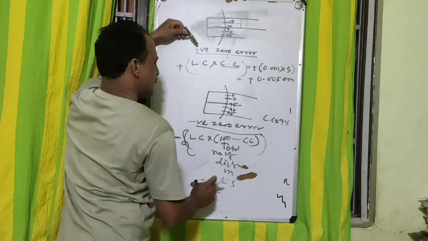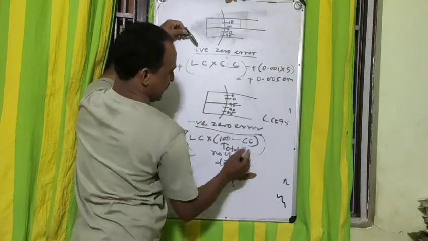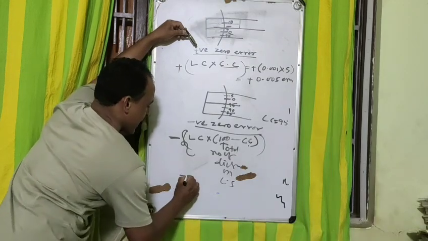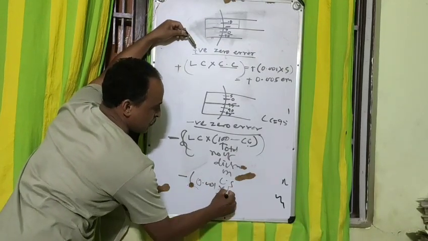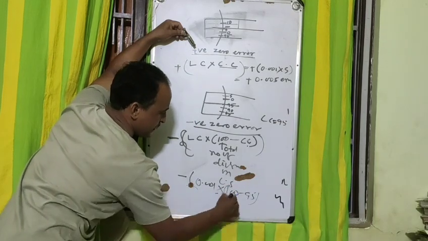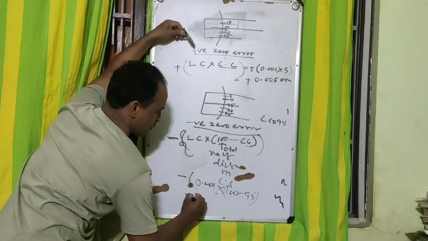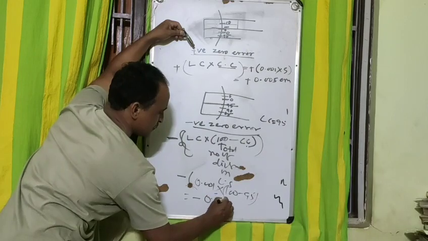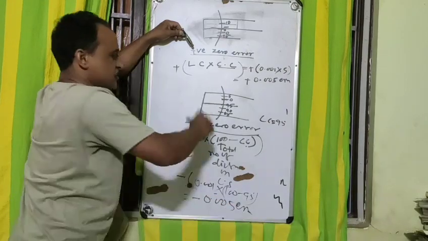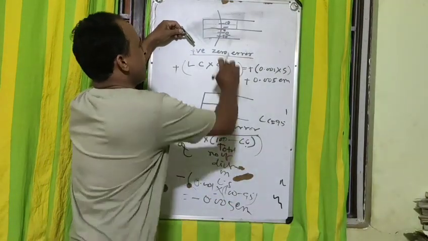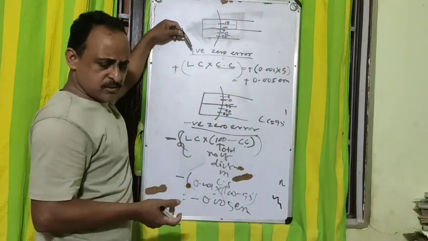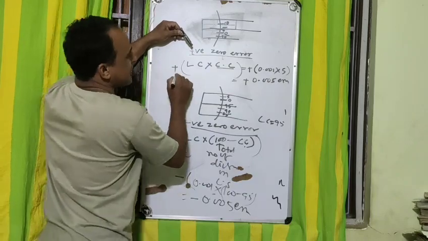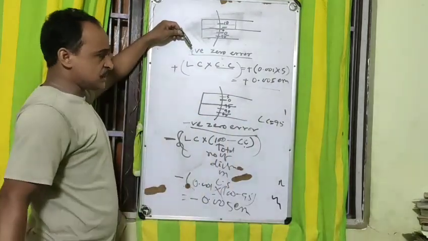So minus 0.001 into (100 minus 95) is equal to minus 0.005 cm. The CC may also be 90, 85, 80, like this. In this way we calculate the positive and negative zero errors.